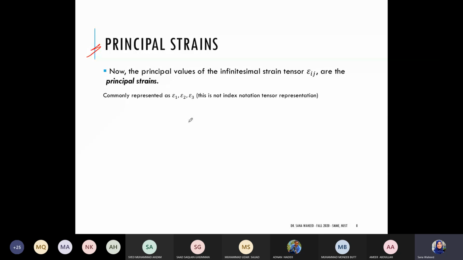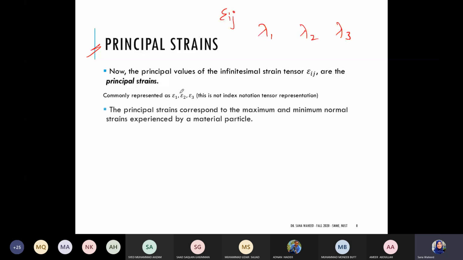Got it? तो वो जो 3 lambda 1, lambda 2, lambda 3 आना था ना हमारे पास for epsilon ij, उनको हम as epsilon 1, epsilon 2 और epsilon 3 लिख देते होते हैं. और yes, so these are the principal strains and they are actually pretty important physically, because physically they represent एक material point पे maximum normal strains उस point पे क्या हो रहे थे, या उस particle के maximum normal strains क्या थे. Okay, sorry, maximum and minimum, मतलब maxima या minima वो थे normal strain.